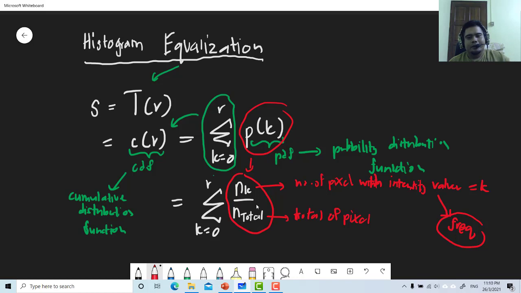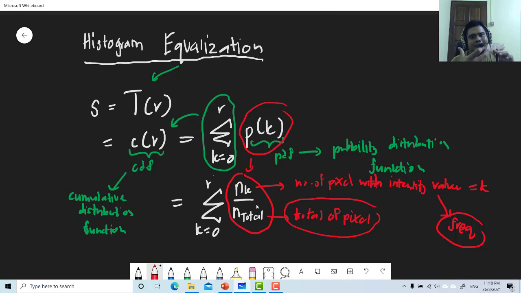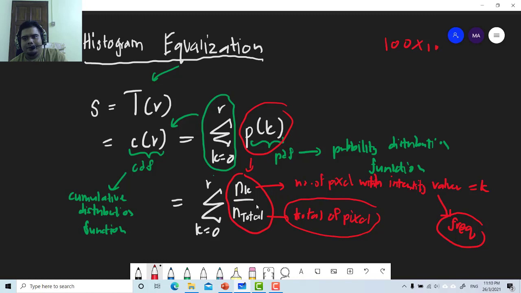y-axis. So the total number of pixels, that one you can calculate, because of course you should know the sampling resolution. Okay, total number of pixels is actually your sampling resolution, because if you talk about 100 times 100, then how many is there? 100 times 100 image.